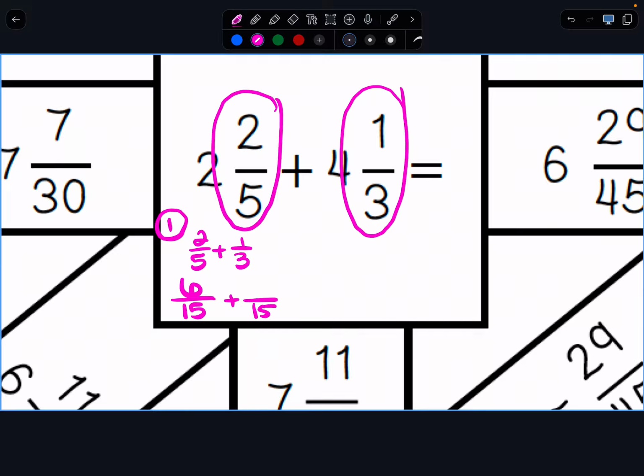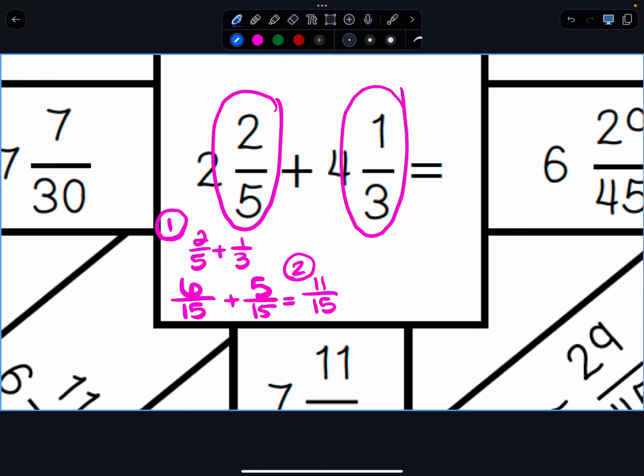What do I have to multiply by? 5. So I have to take the 1 and multiply by 5. So I get 5. Then my second step is to add my numerators together. So I get 11 over 15. 11 over 15 does not reduce.